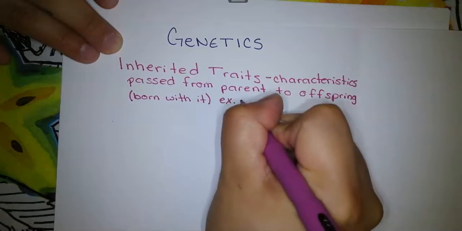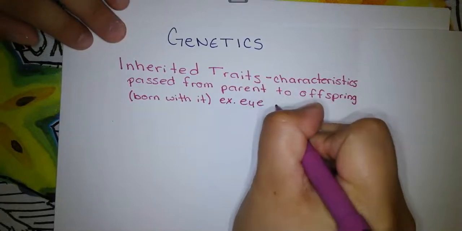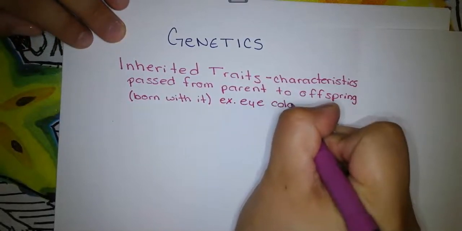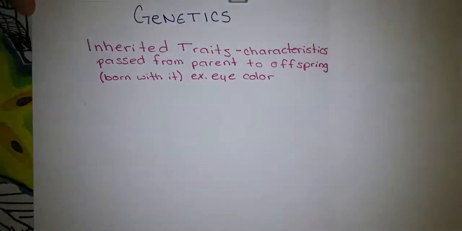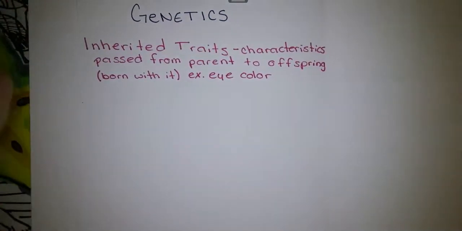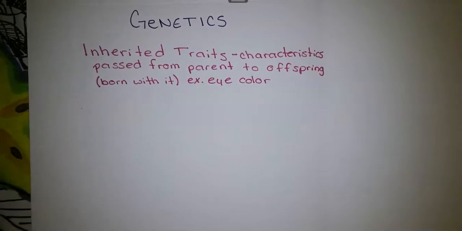Example, eye color. Inherited traits are passed from our parents to the offspring, and in this case, we could talk about it as eye color.